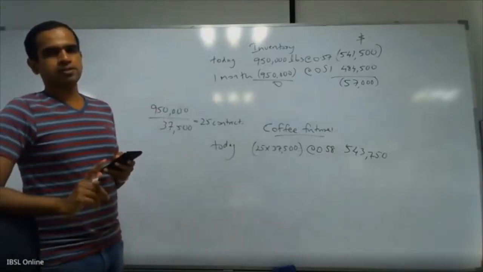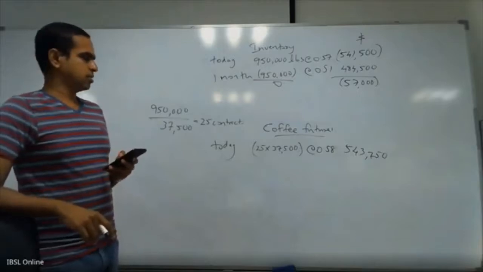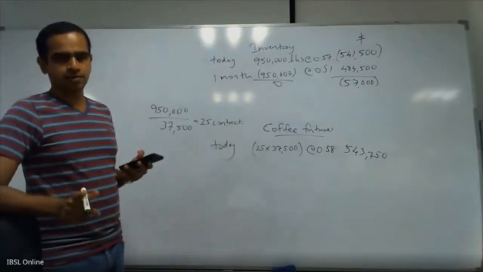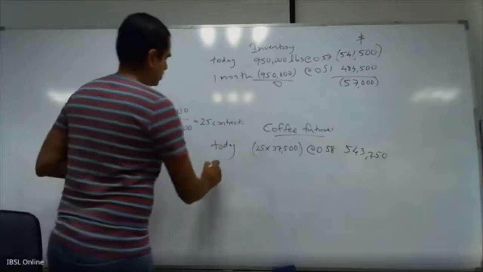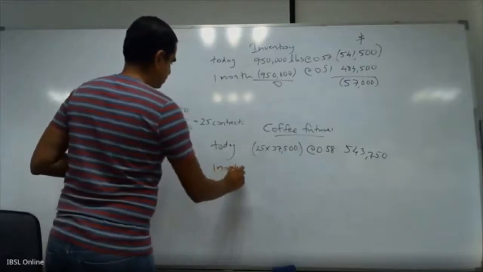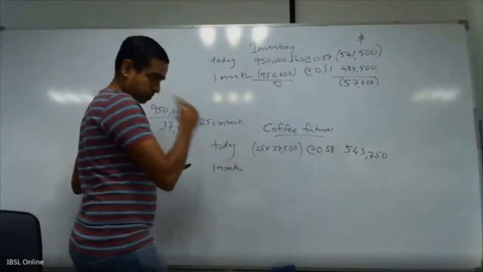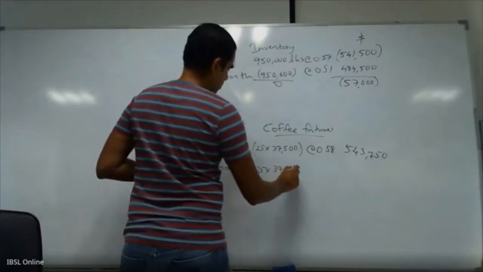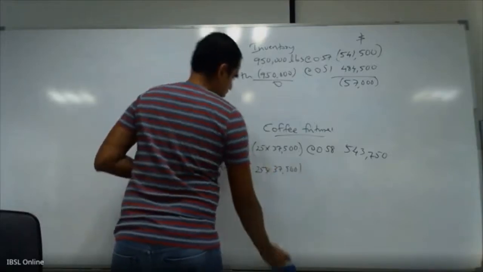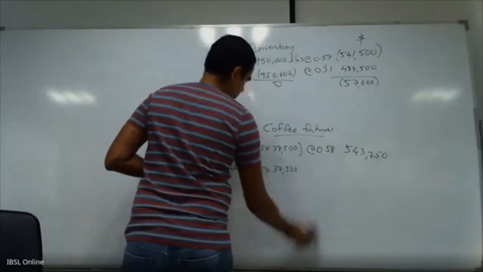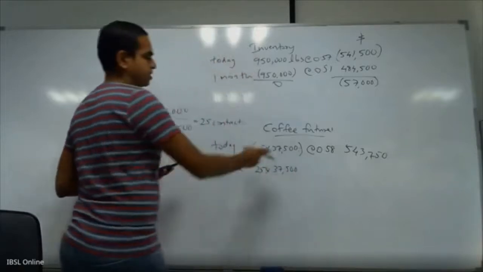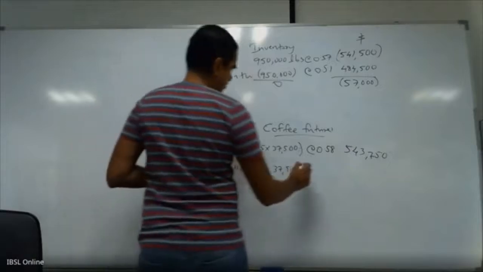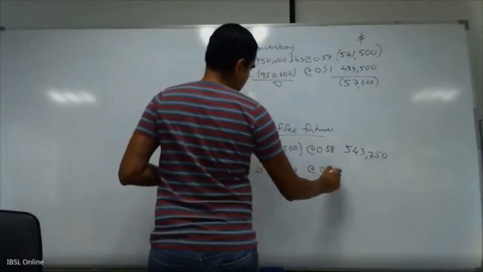The futures price also falls. The futures was 58 and the price is falling to 52 cents in 1 month. So they will buy back the futures, 25 contracts, each has 37,500 pounds, at the price of 52 cents.